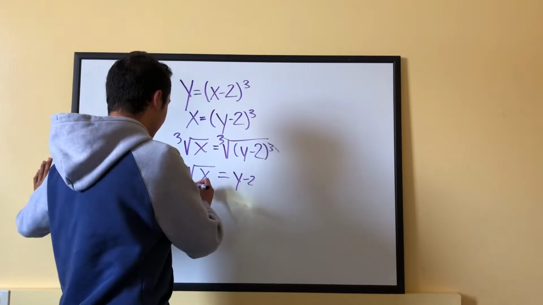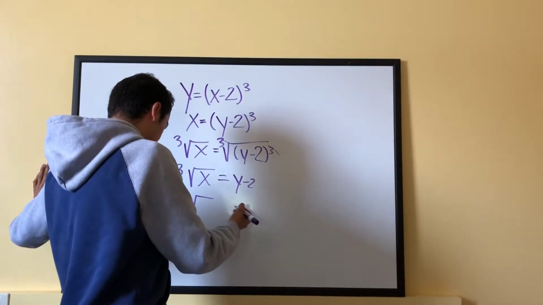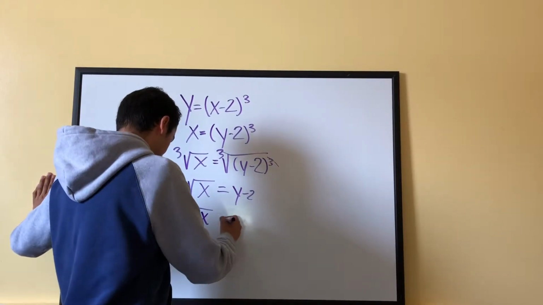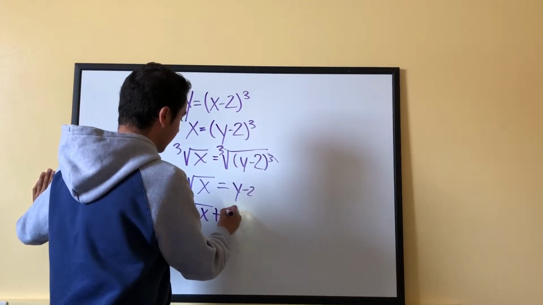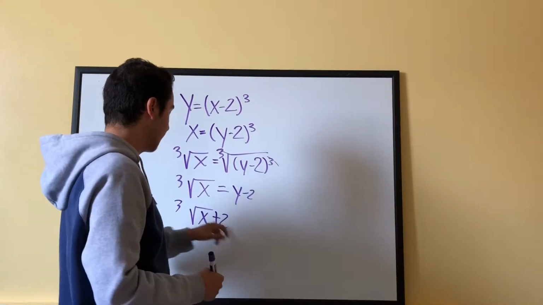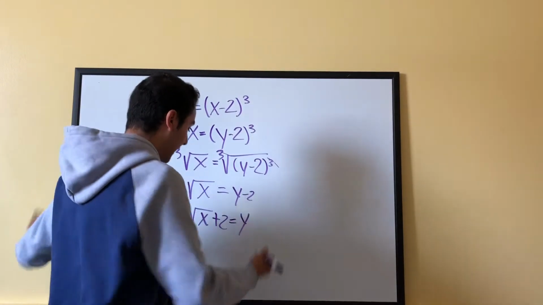And then after that, we're just gonna keep on solving it, which is gonna be x cubed plus 2, because instead of doing y minus 2, we're gonna be doing the opposite, which is plus 2, which will give us the equation of y.